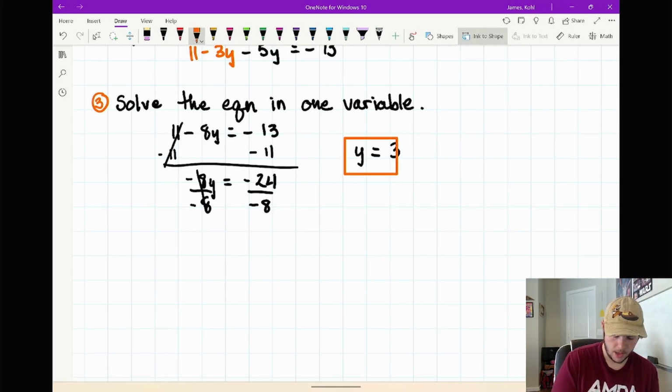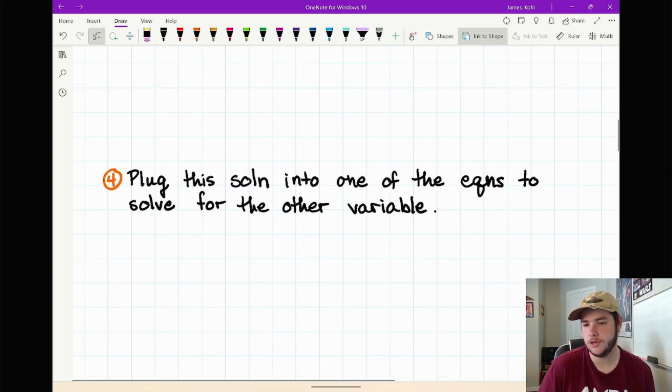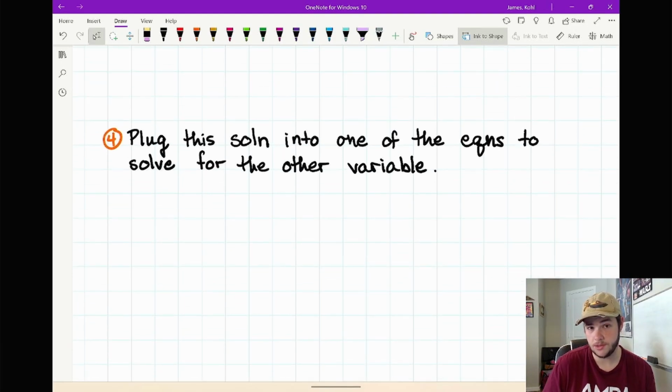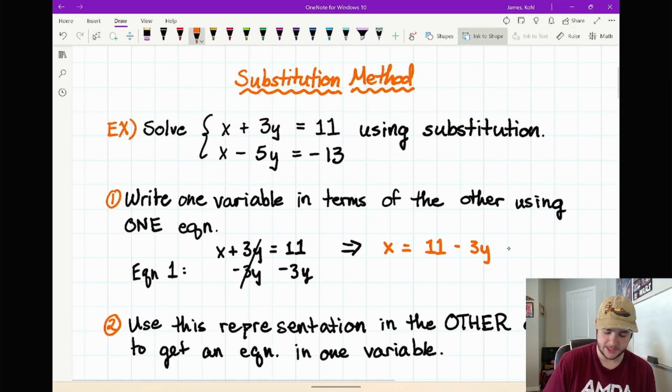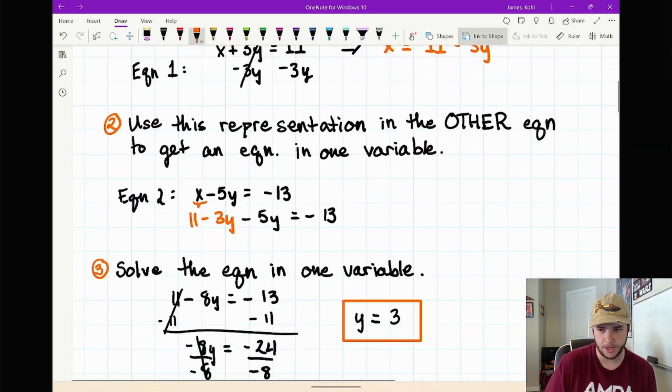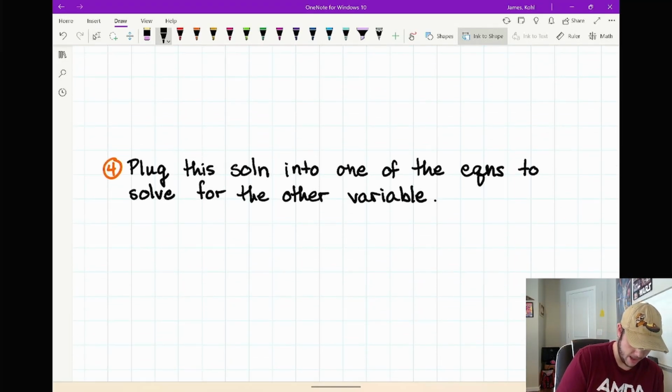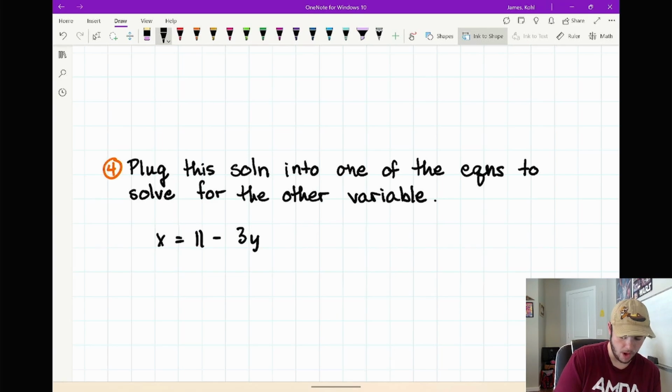How do I get the x coordinate? Well, I go back to the original equation. I plug this solution into one of the equations to solve for the other variable. But notice this guy's already set up for x, so I'm just going to borrow that one. I get that x equals 11 minus 3y, but y, I now know, is 3.